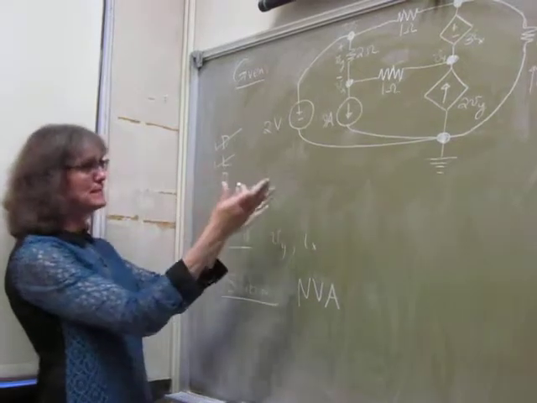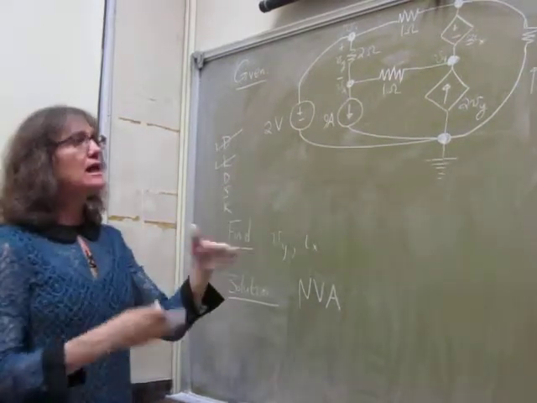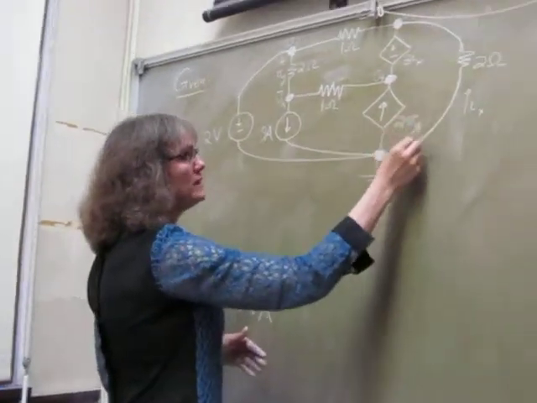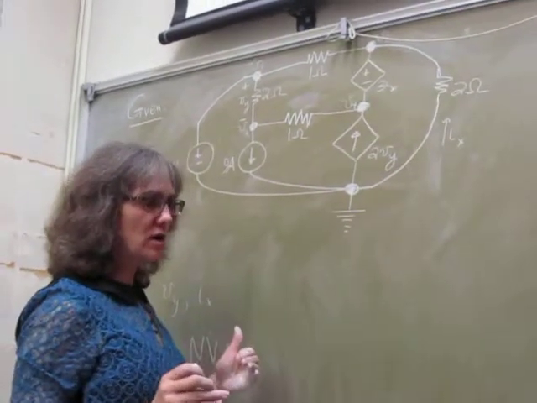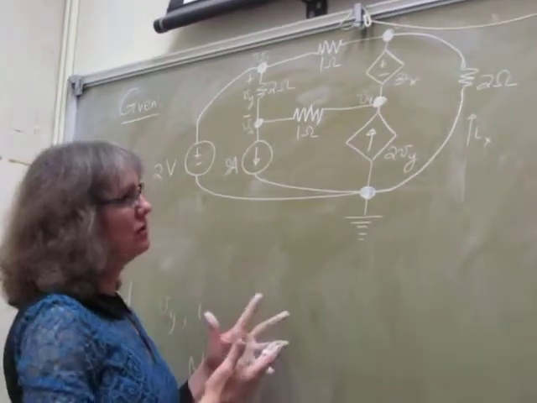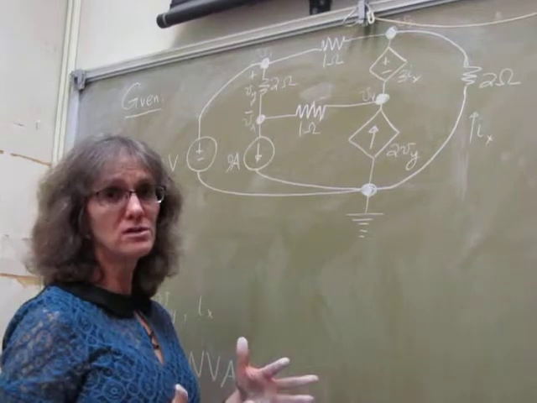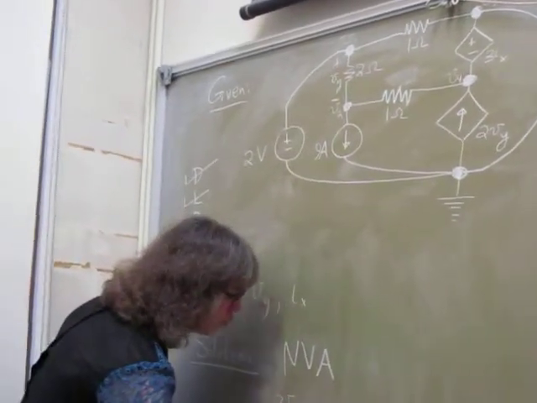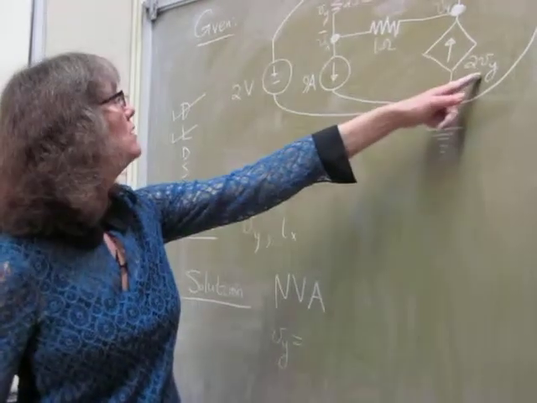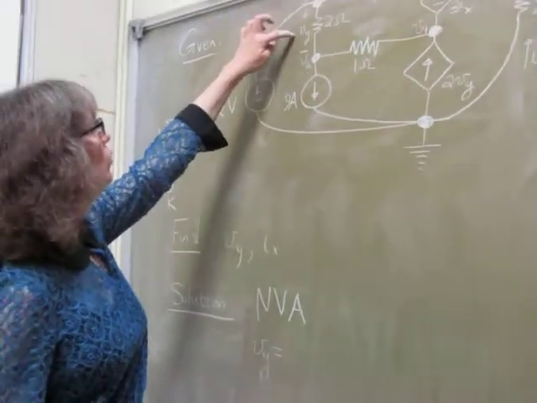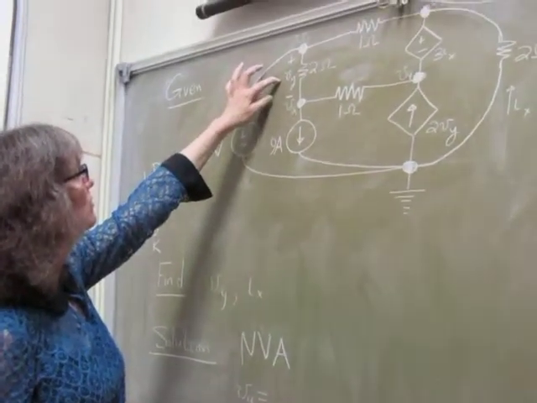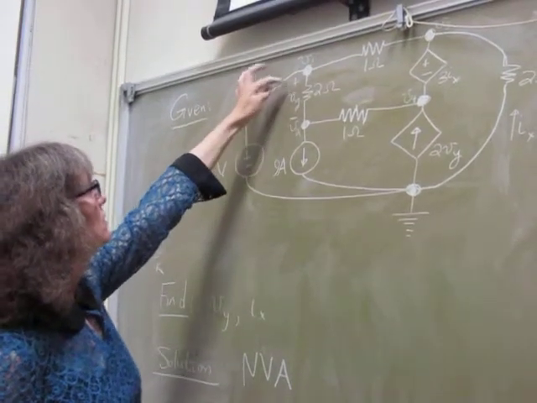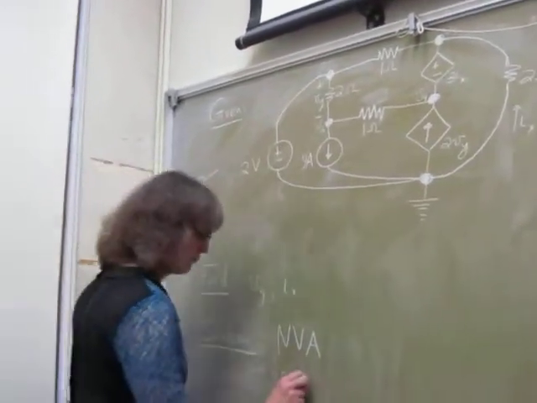I'm going to go to my dependent sources and write their controlling quantities in terms of node voltages this time, because I don't have mesh currents here. So the controlling quantity Vy is this here. Can I write Vy in terms of node voltages? Sure. It's easy. V1 minus V2.